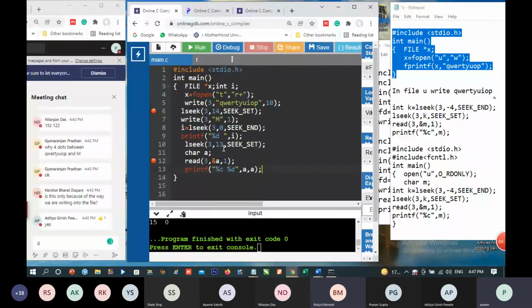No, that may not be the case either. Let me run this. 15.0 is coming. I can understand, 0 is the ASCII code of this. Suppose the initial value of A is, no, Z will not come. Initial value of A is equal to character K. Maybe the system call is failing. Let us see what happens.